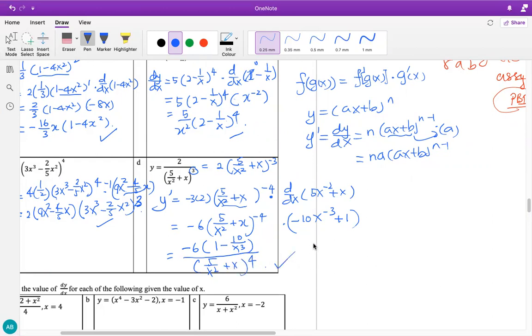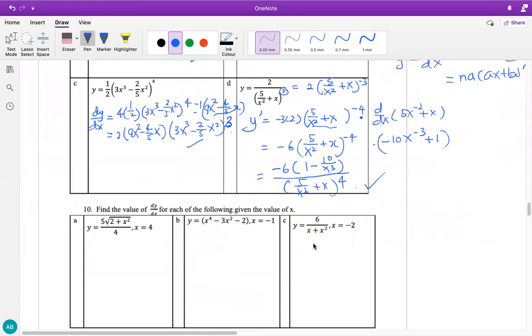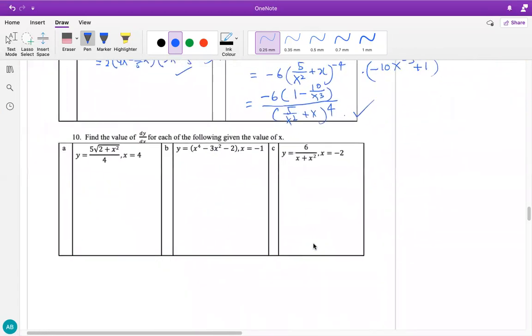This is the answer. It seems difficult, but when you do it by yourself later on, it is quite easy. Okay, find the value of x.